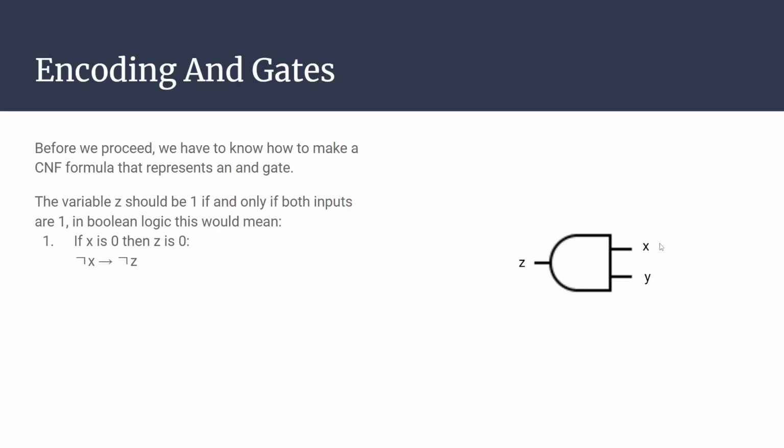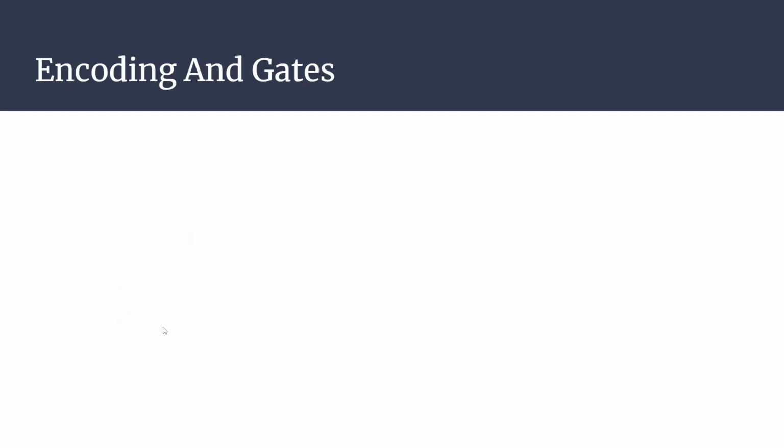If any of these two, x and y, are zeros, then z would be 0 as well. If y is 0, then z is 0, right? We need to encode that. And if x is 1 and y is 1, then z is 1. Okay, and you can see we have these 3 formulas. We just need to rewrite them in a way that might look like a CNF. All right? So let's begin the translation.